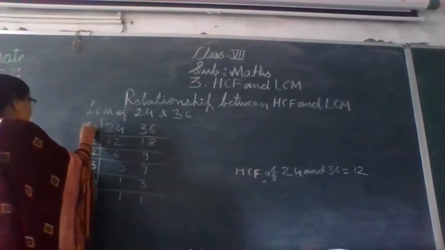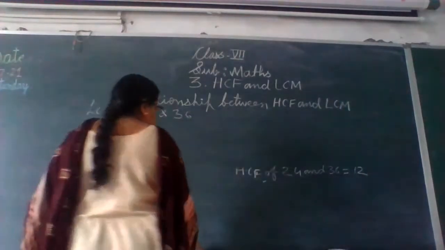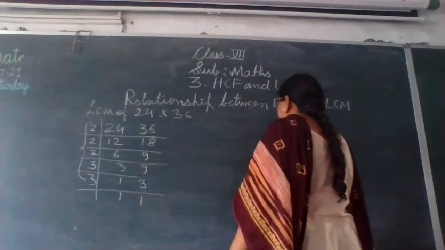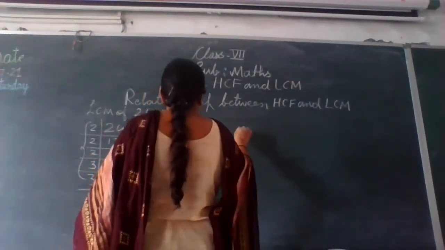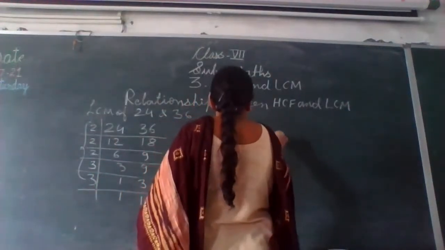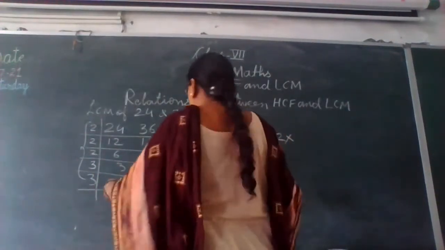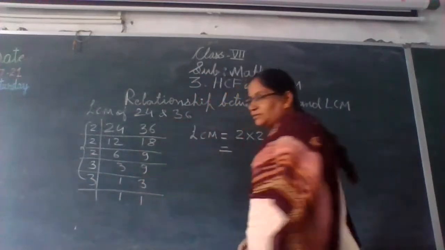Now you have to multiply all these divisors. So LCM is equal to 2 times 2 times 2 times 3 times 3.